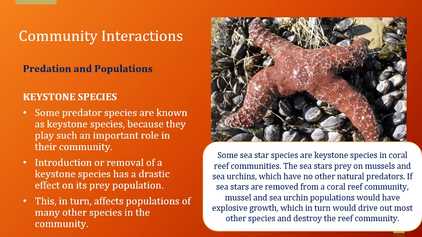If sea stars are removed from the coral reef community, the mussel and sea urchin populations would have explosive growth. Dadami ang mga mussels and sea urchin, which in turn would drive out most of the other species and destroy the coral reef community. So maaaring sila yung dahilan para, of course, maging unbalanced yung ating ecosystem or yung population sa particular community na yun.